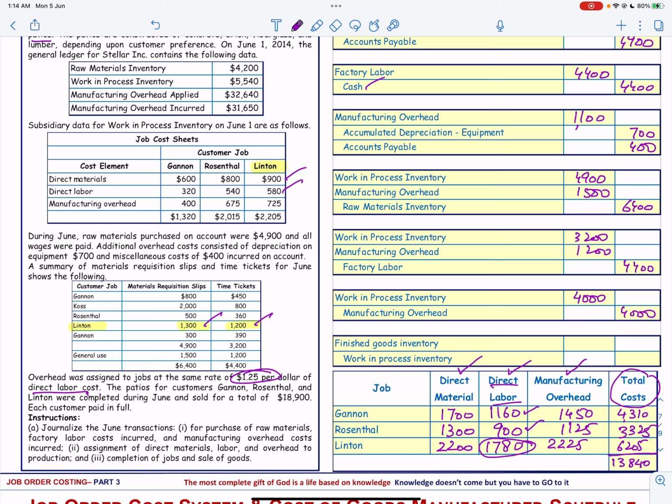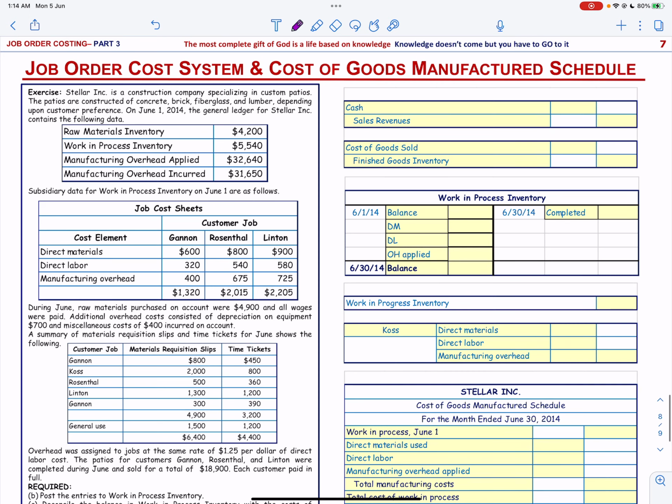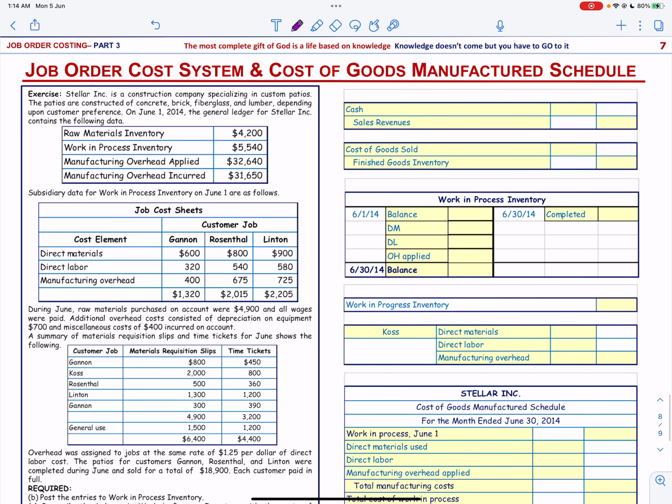The work in process will be transferred to finished goods, and that will be 13,840. Next, we are going to journalize the June transaction for the sale of goods. The sale was how much? The sale was 18,900.